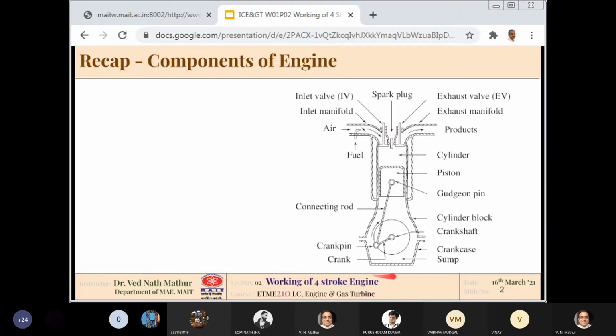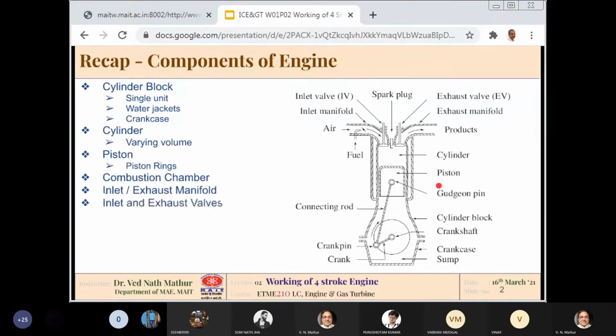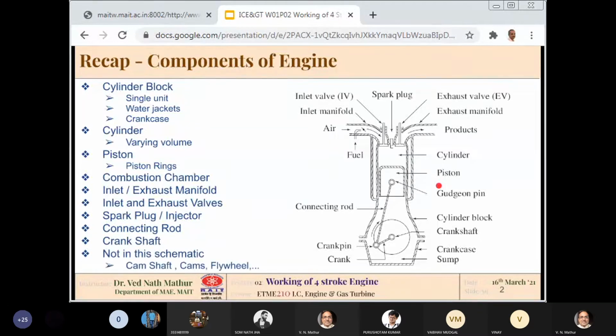This is a single cylinder arrangement. Usually in an automobile, there are a number of cylinders which are attached, which may be in series connection or in V connection or parallel connection. We will see how different connecting rods are connected on the crankshaft.